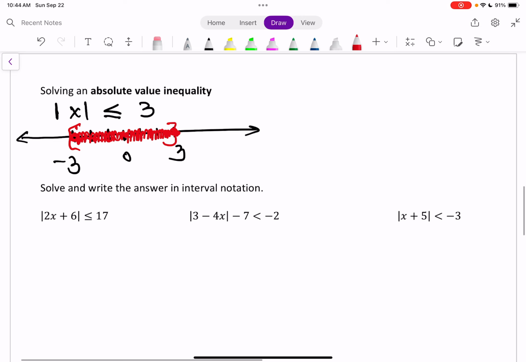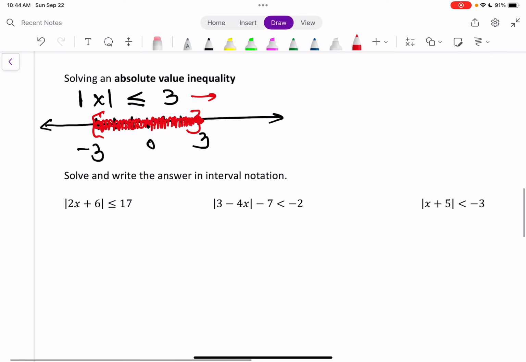So that translates into the fact that x itself has to be less than or equal to 3, but greater than or equal to negative 3. In other words, in between negative 3 and positive 3. So that's what it means to be within 3 units away from 0, right?